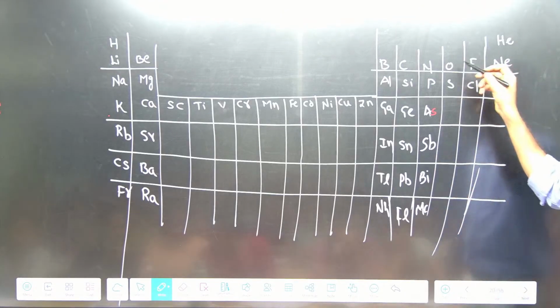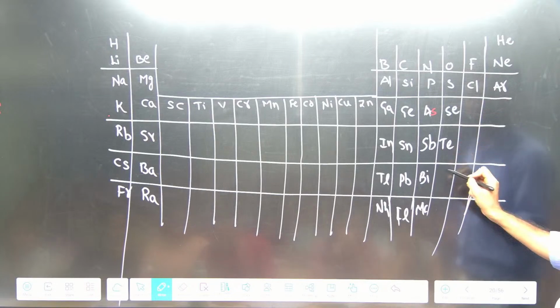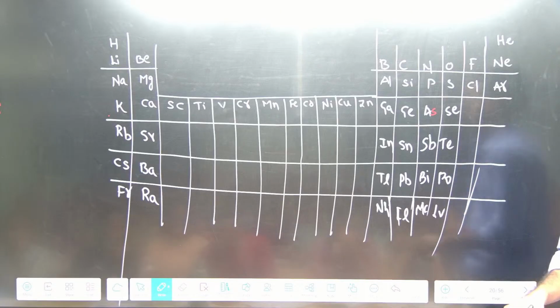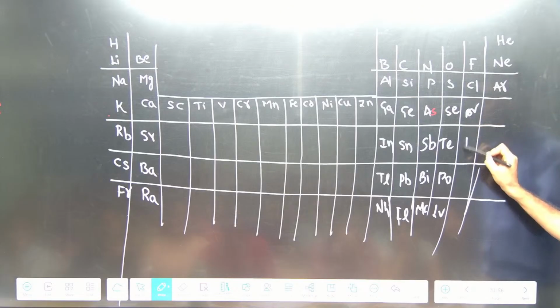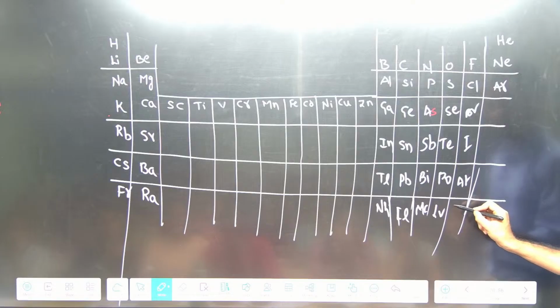Next: oxygen, sulfur, selenium, tellurium, polonium, livermorium, Lv. Next, this one: fluorine, chlorine, bromine, iodine, astatine, tennessine, Ts.